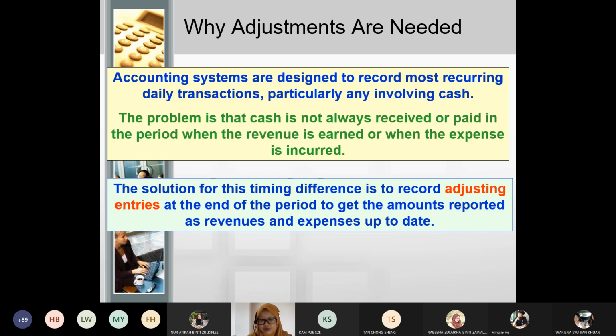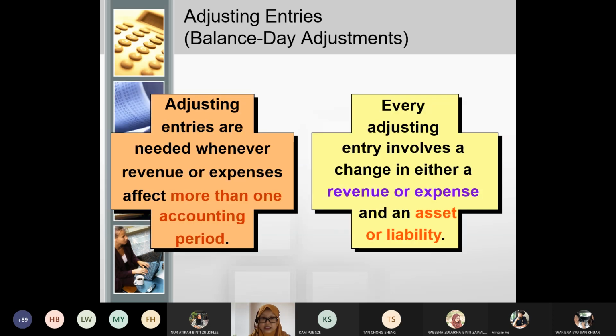That's why we do the adjusting entries at the end of the period, so that the amounts that we report as revenues and expenses are up to date. Before we see the examples, let's see the further explanation of adjusting entries.